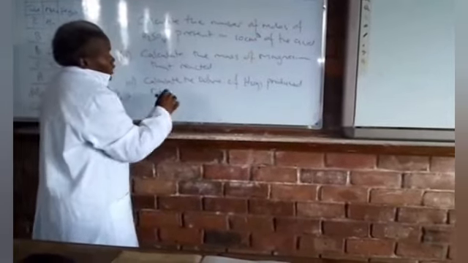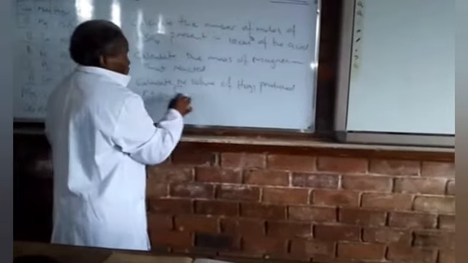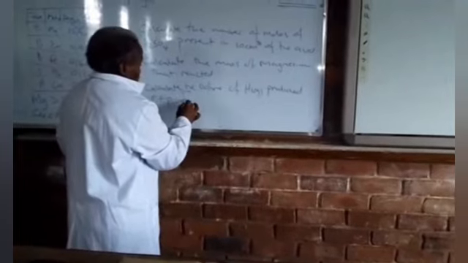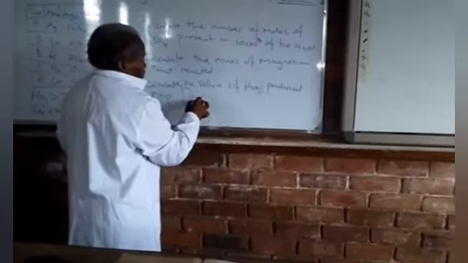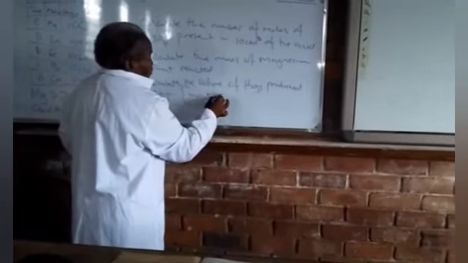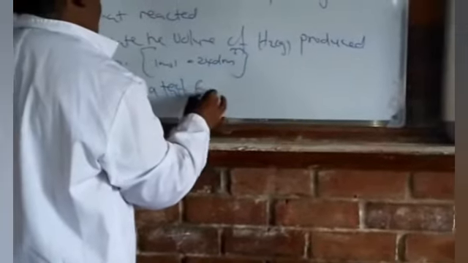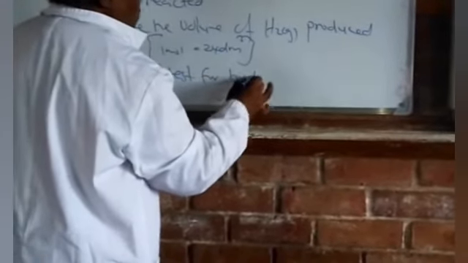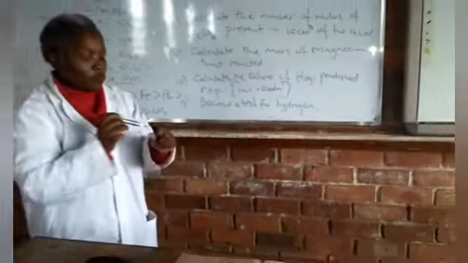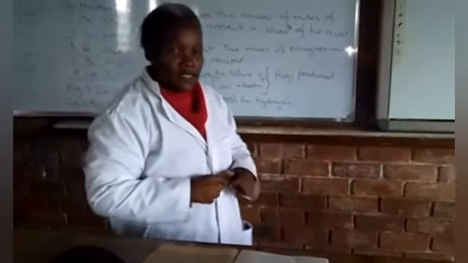And at RTP, we are going to use the molar gas volume: 1 mole is equal to 24 dm cubed. And number 4, please describe a test for hydrogen gas. How can we conclusively say the gas produced is hydrogen gas?